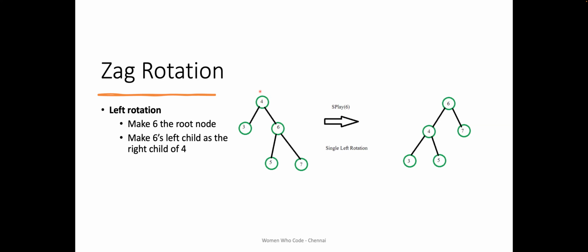Whatever you access is going to be your root. So I make 6 the root. 7, obviously, is going to follow. What about 5? Take its left child and make it the right child of 4. Okay, and this is done. So zig is doing something on one side, zag is doing something on this side: right rotation and left rotation.